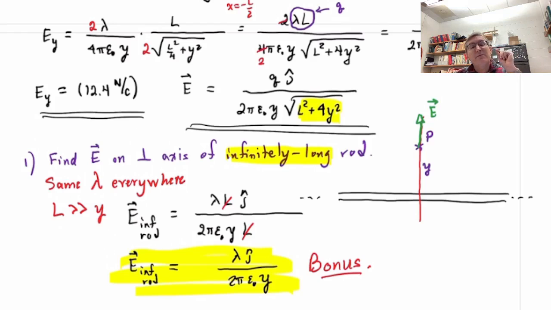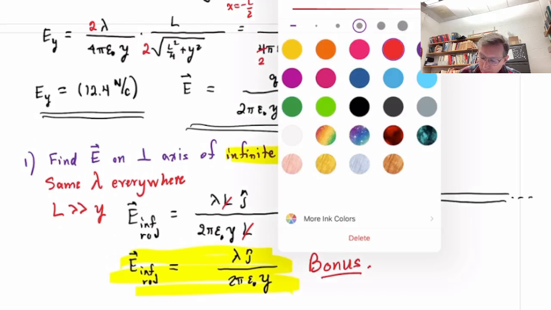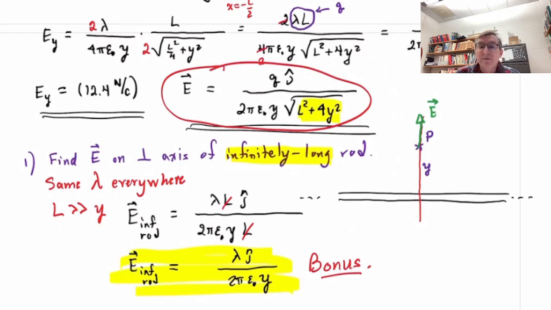And then shouldn't the electric field start to behave like that of a point particle? See if you can get this result up above, right up here, for the finite length rod, to simplify to the electric field of a point particle, if the point P, with its y value, is way up on the axis.